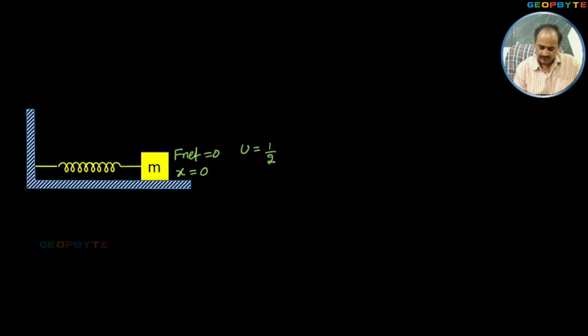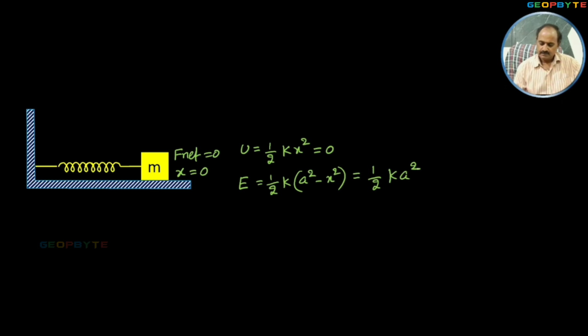It is half k x square. Since x equals 0, U equals 0, then total energy equals half into k into a square minus x square, which is half into k into a square. Half k a square is the total energy stored in the spring.